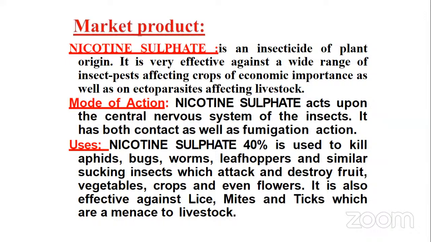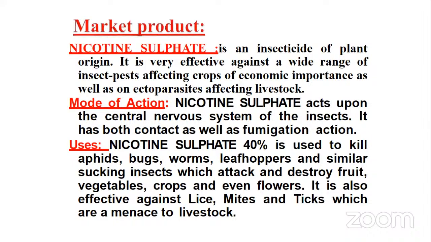And the use of this nicotine sulfate: 40% nicotine sulfate is used to kill aphids, bugs, worms, leaf hoppers, and similar insects which attack and destroy fruits, vegetables, crops, and even flowers. It is also effective against lice, mites, and ticks, which are a menace to livestock.